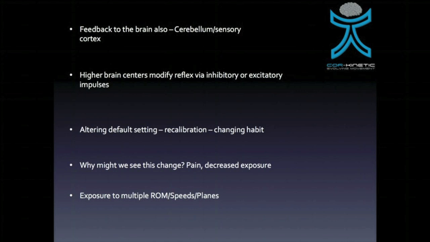Whereas if we can have low-level increased exposure in body areas that don't usually get that exposure, hopefully we're going to bring in a change in habit and recalibrate our motor responses and hopefully also our sensory responses to an area. Because if we have motor responses, we also might have sensory responses that are tied into rate of change on a primary 1A afferent.